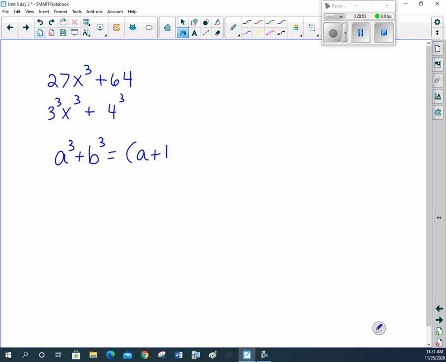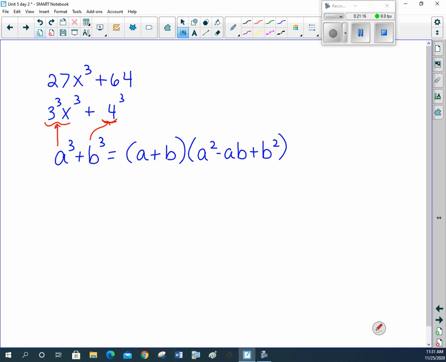We have two parentheses here. Okay, so this right here, a to the third plus b to the third. So a to the third is going to represent this piece right here, and b to the third is going to represent that piece right there.